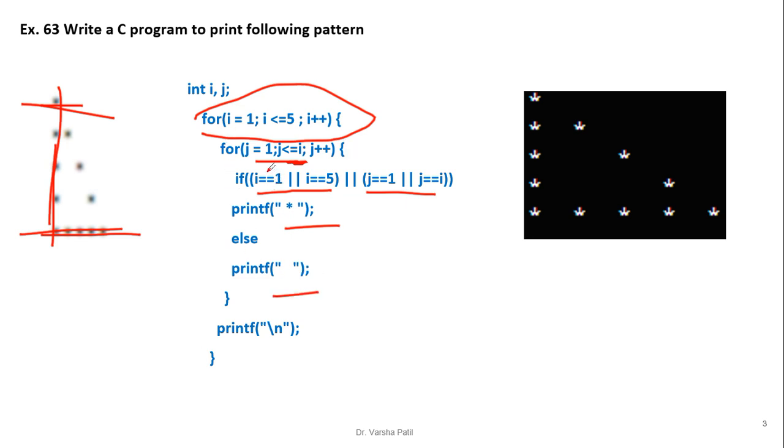For this for loop multiple statements are there, so opening and closing parentheses are needed, but for the if only one statement is there, so there is no need for parentheses. This is slash n, and this ends the main for loop. After writing this program, this is the output.